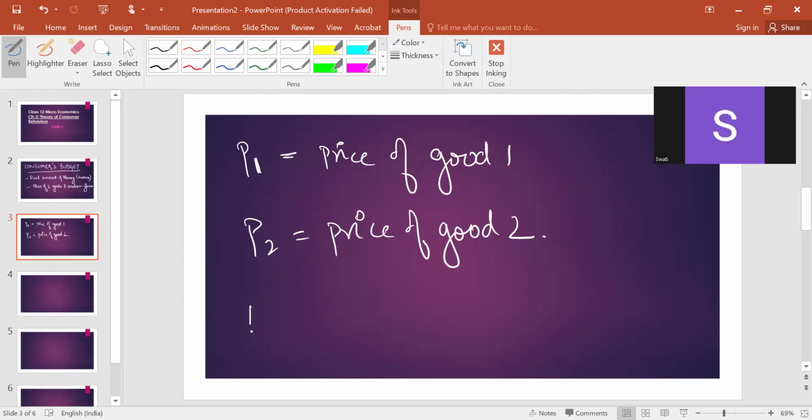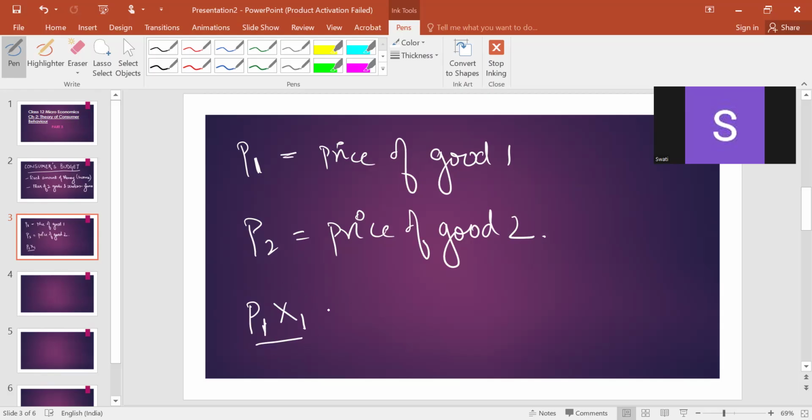Let's say the consumer pays the price P1 for good one. If he purchases X1 quantities of good one, he will have to spend P1X1 to purchase good one.